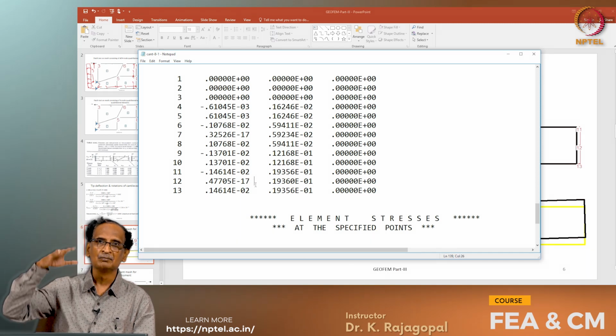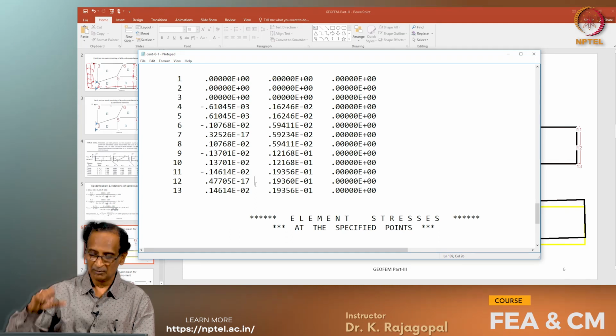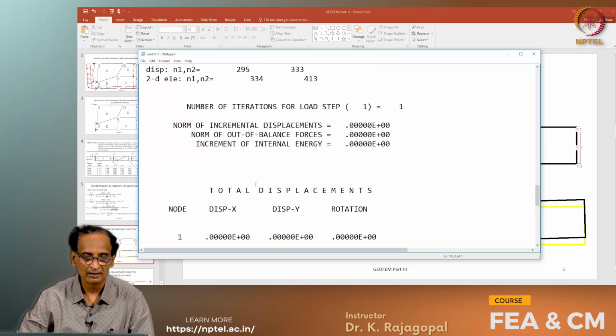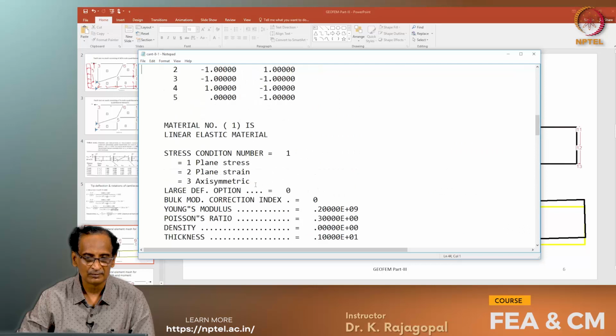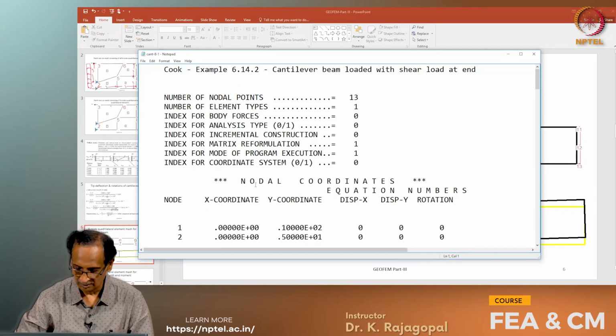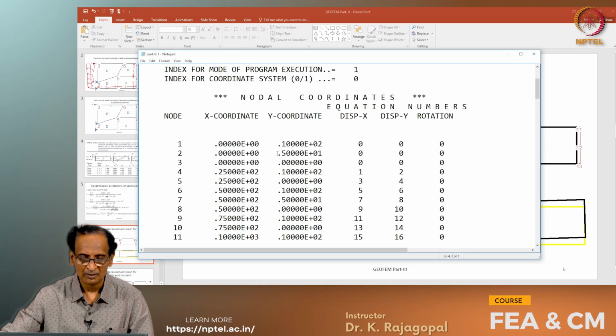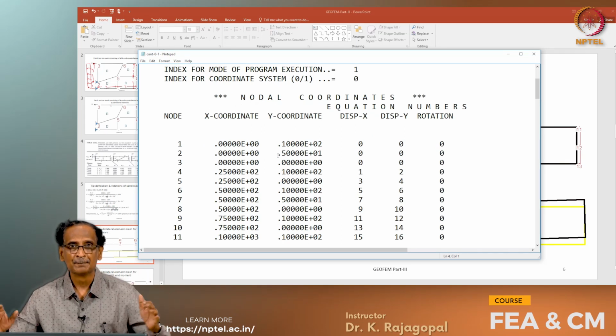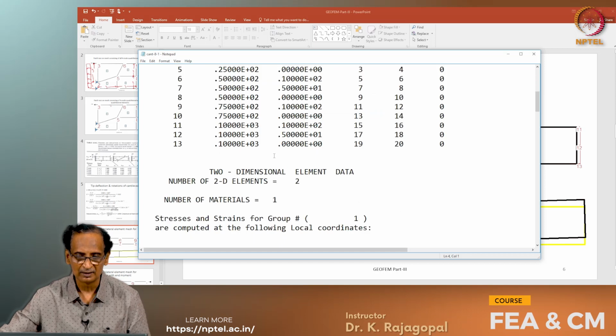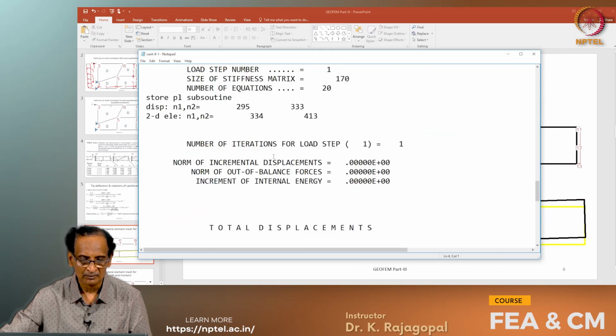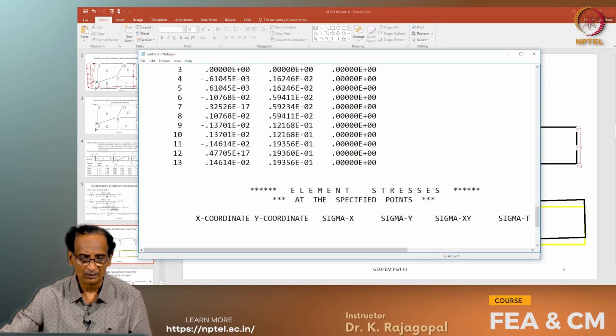Within a depth of 10, yes, the depth of the beam is 10 and the length is 100 units. So, at mid depth there is no lateral deformation.